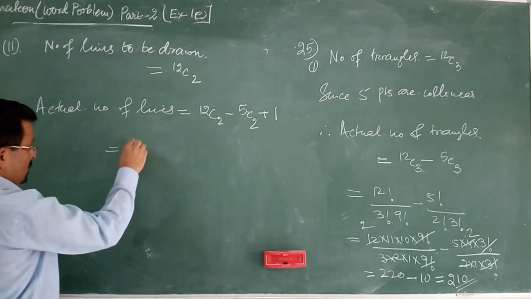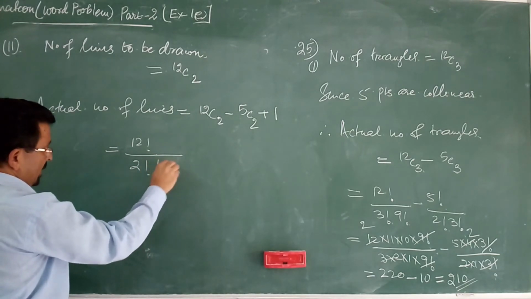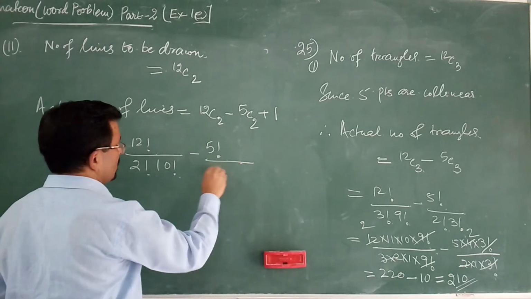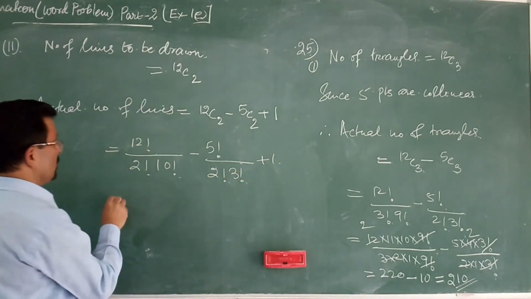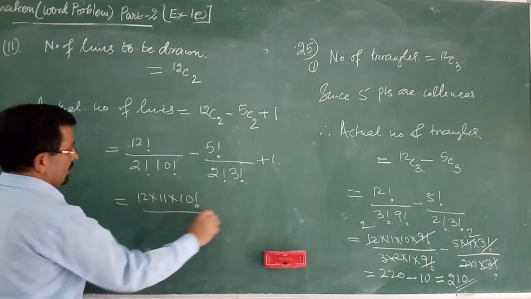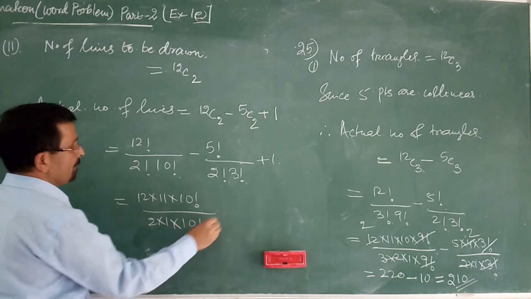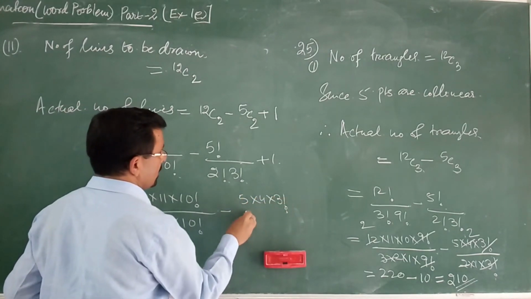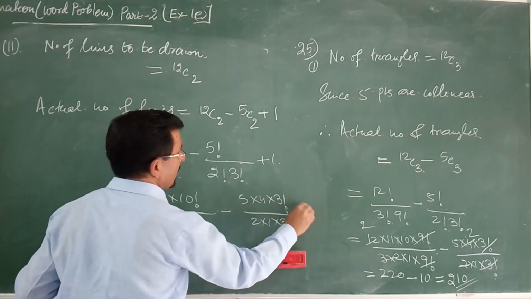So this will be 12 factorial over 2 factorial 10 factorial, minus 5 factorial over 2 factorial 3 factorial, plus 1, which is equal to 12 into 11 into 10 factorial over 2 into 1 into 10 factorial, minus 5 into 4 into 3 factorial over 2 into 1 into 3 factorial, plus 1.